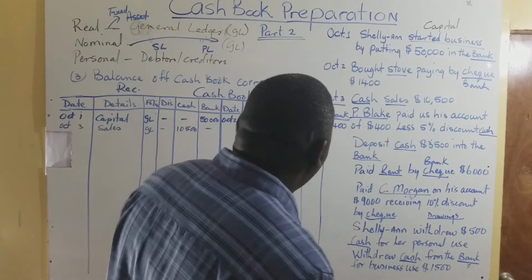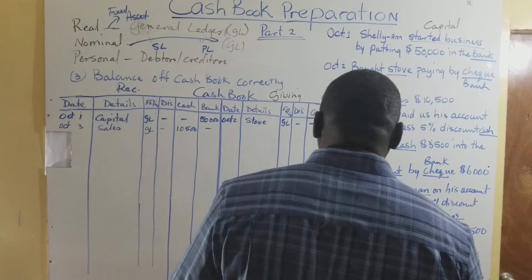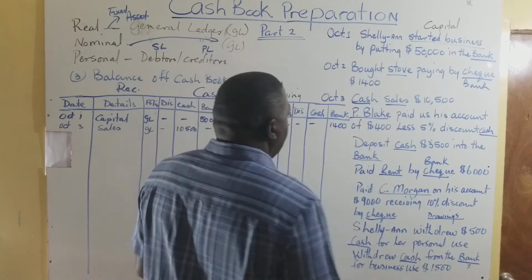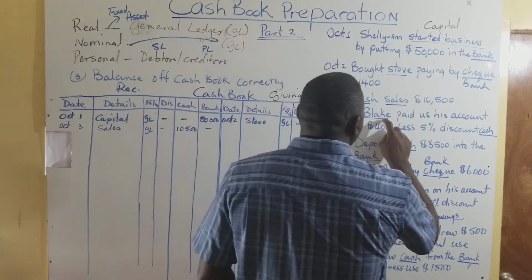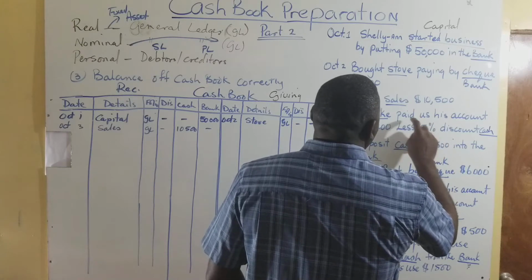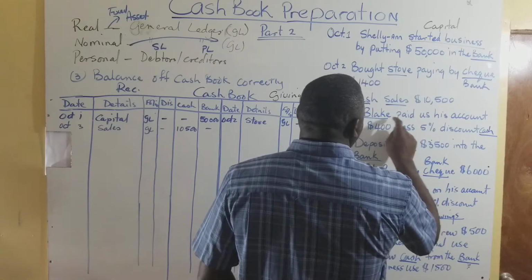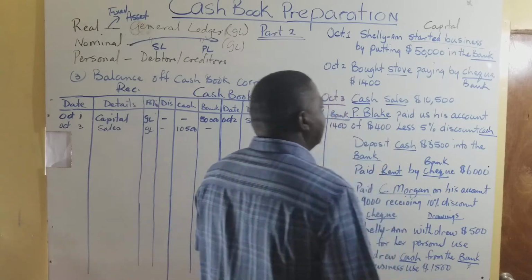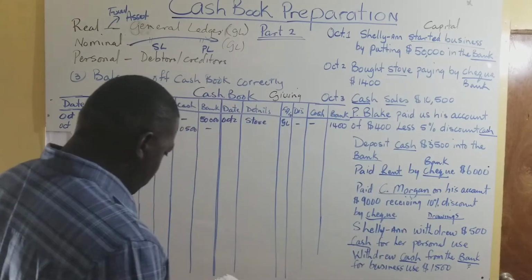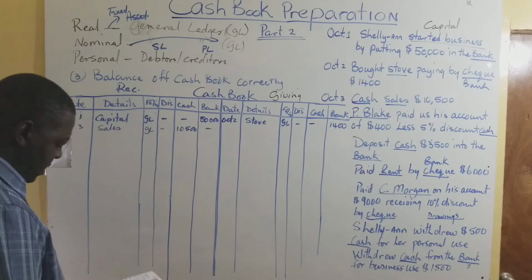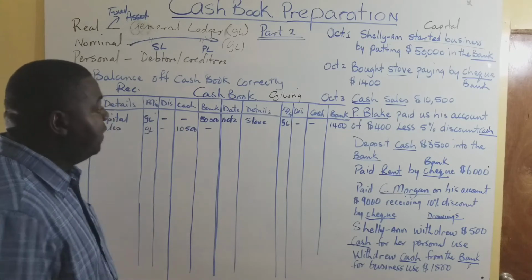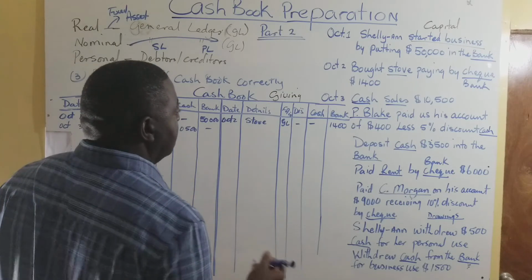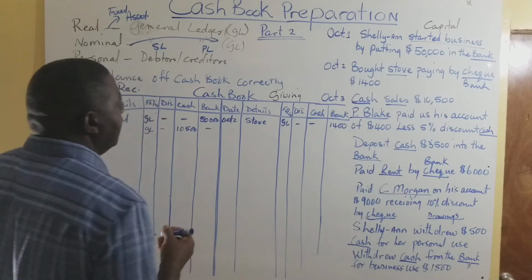And since we have erased the date, I'm going to check now. P. Blake paid us his account of $400 less 5% discount, cash. Which date is that now? Is it the 5th? So it's the 5th of October.